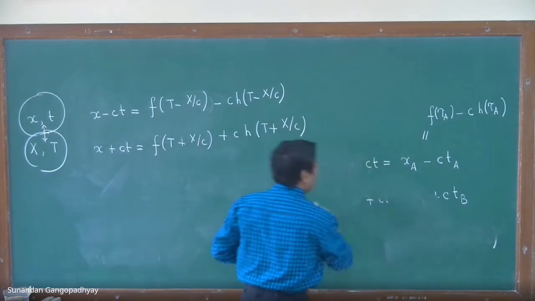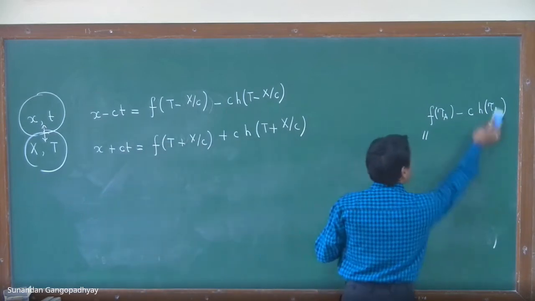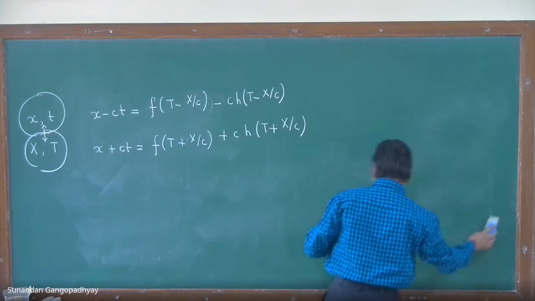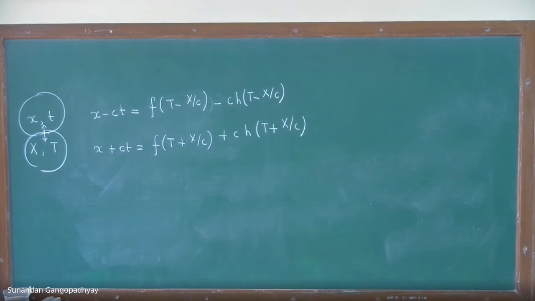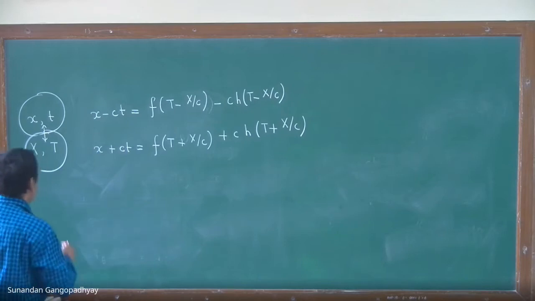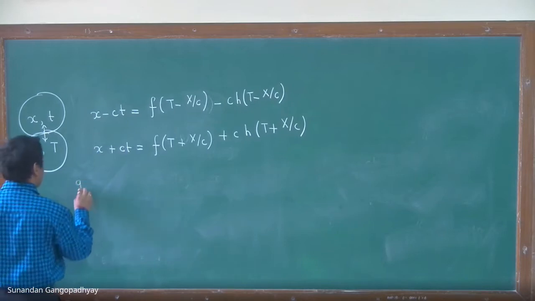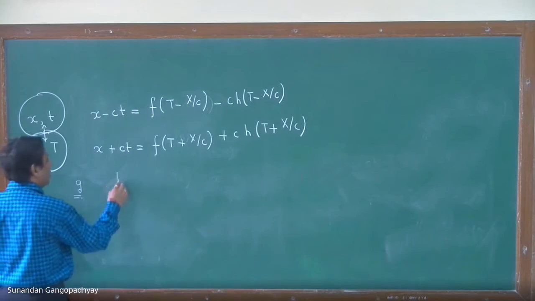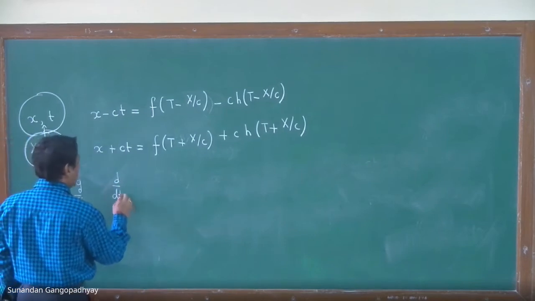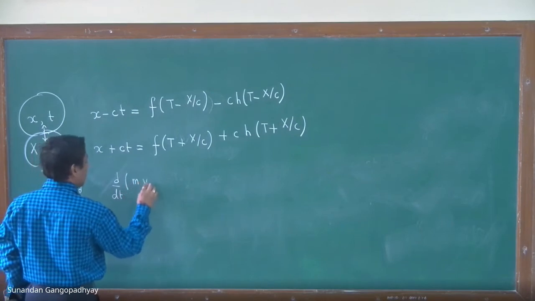Now what we shall do is we shall specialize, or we had already specialized to a case where this observer that is moving along the x direction is moving with uniform acceleration. Okay, and the uniform acceleration is g. And we wrote down the equation of motion. The equation of motion you can write down immediately. It is d/dt of mv.